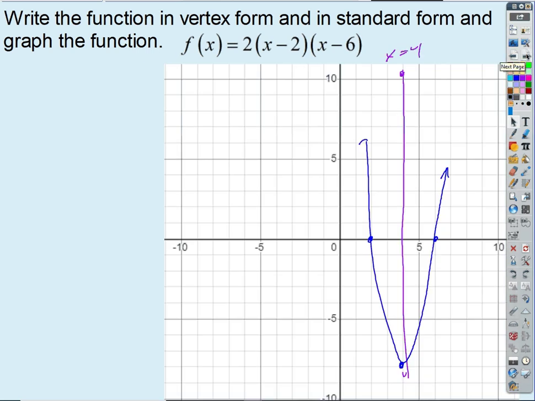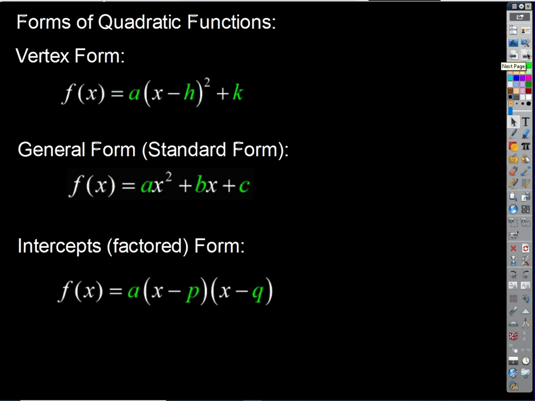And then to graph it, we already talked about this, right? We'd find 2 and 6 would be my x-intercepts. The average of 2 and 6 is 4. That's going to be the value of h. Plug 4 into the function to find k, and there you go. That's k. Okay, so to summarize, if I'm going from intercepts form to here, that's just simplify, right?